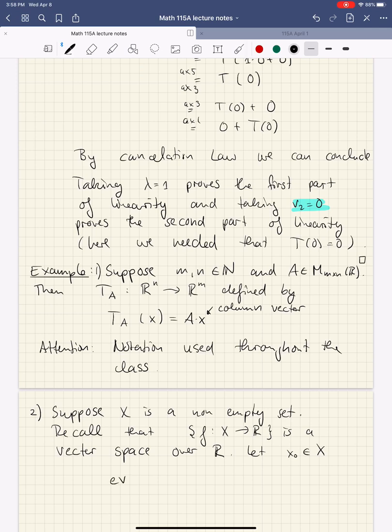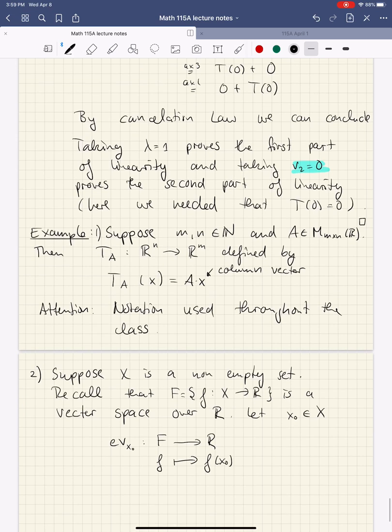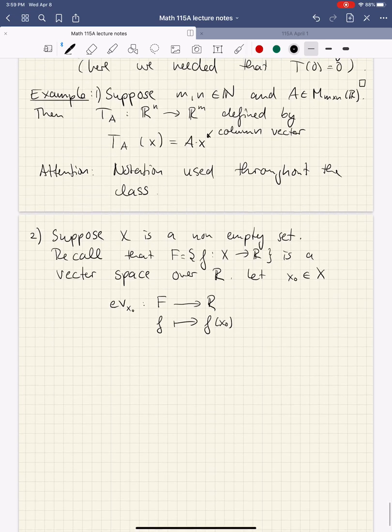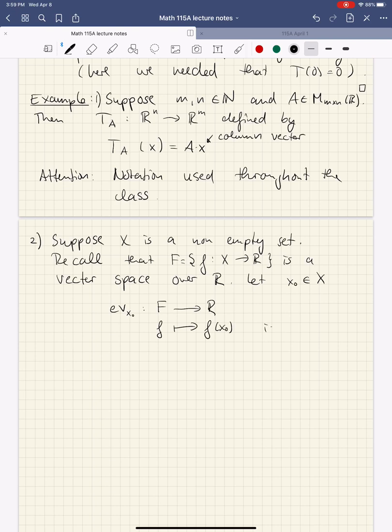Then EV index x0, which goes from F, this vector space, into R, is going to send a function to its evaluation at x0. So this EV x0 denotes evaluation at x0. And this is linear. Again, check at home.